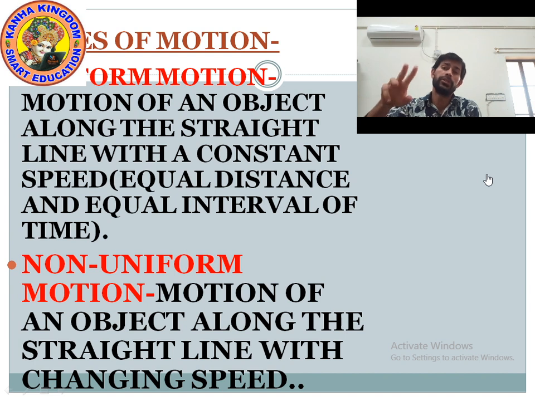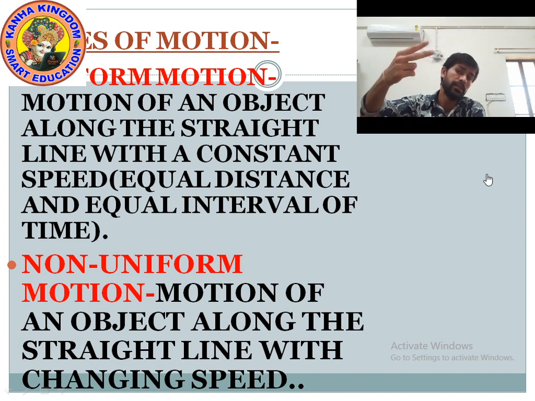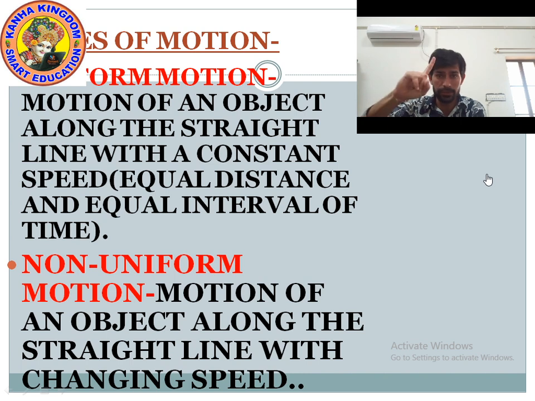We will study these two types of motion on the basis of speed, constant or not constant. Okay, so let's see. First topic is uniform motion. What is uniform motion? Motion of an object along a straight line with constant speed.